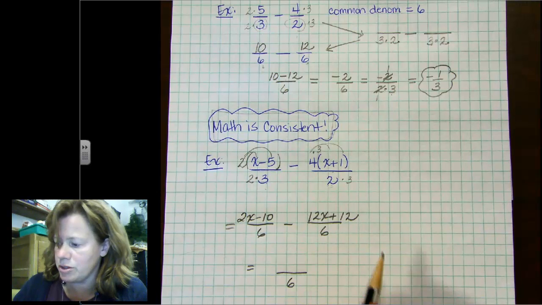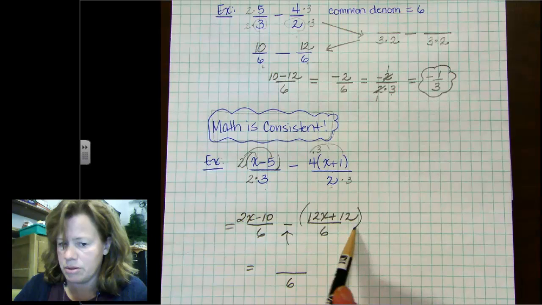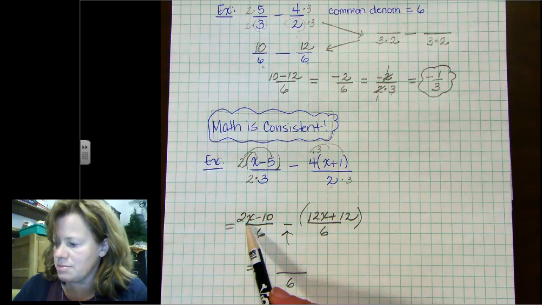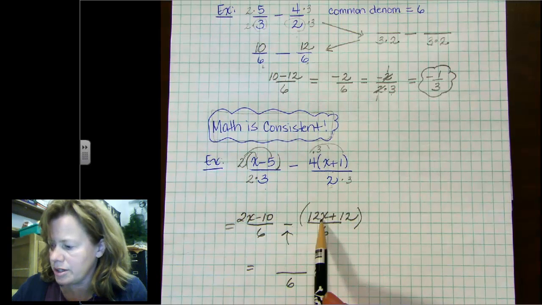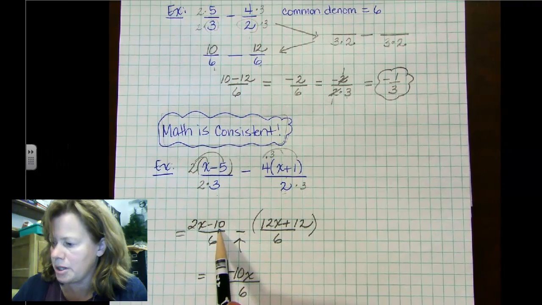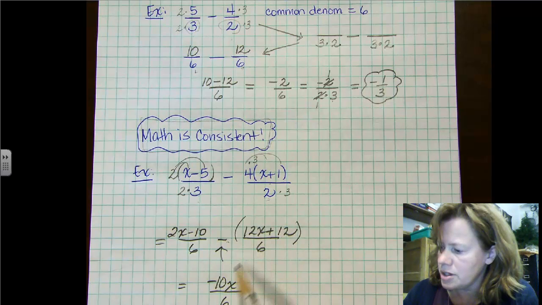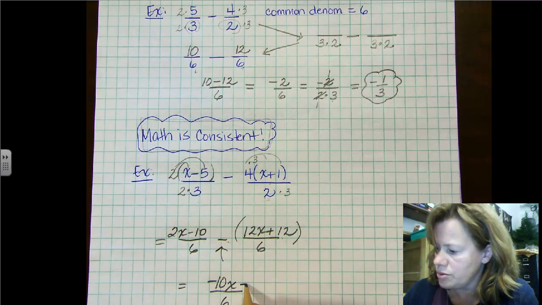Combine your tops. Be very careful with subtraction. You're subtracting that whole second number. So this is 2x minus 12x, negative 10x, and negative 10 minus 12 is negative 22.